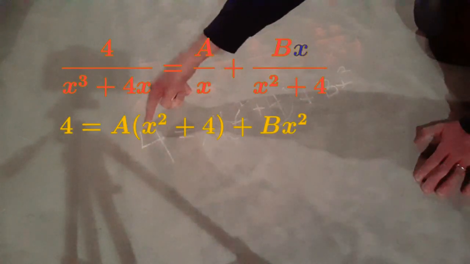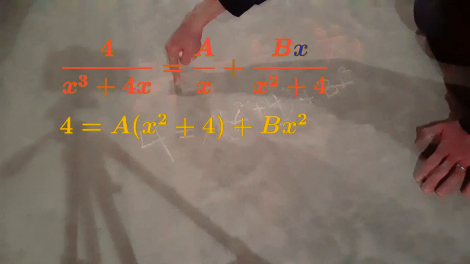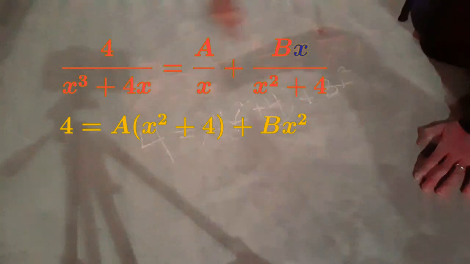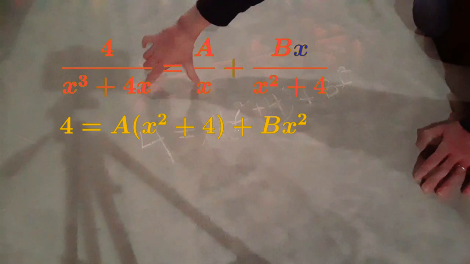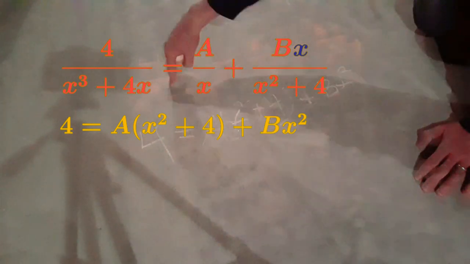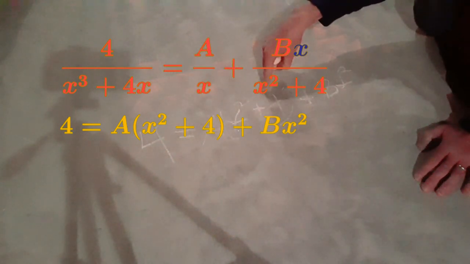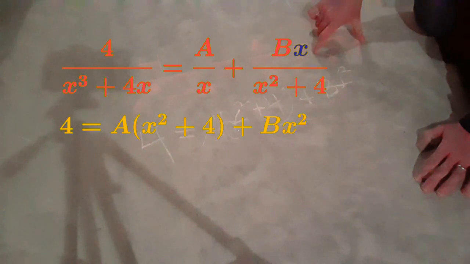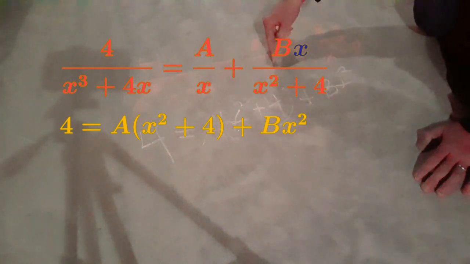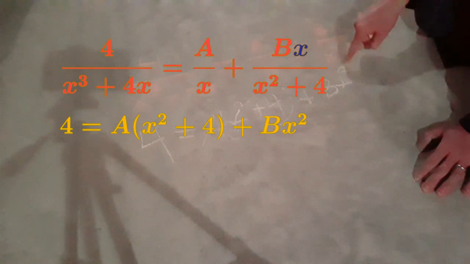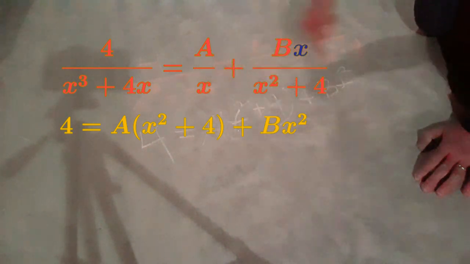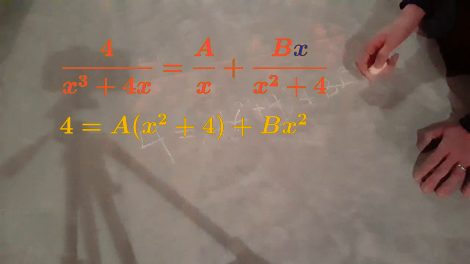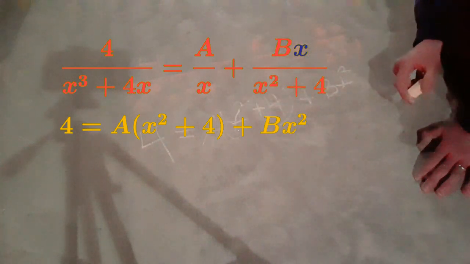So when we look at this, we'll have 4 here because this denominator is canceled, because we're multiplying through by this denominator. Over here, the x cancels out of here, leaving the x squared plus 4. Over here, this is canceled out of here, leaving the x behind, but since there's already an x, we have an x squared here. We can distribute this to simplify. We'll have 2 x squared terms when we do that, and we'll be able to bring that together.